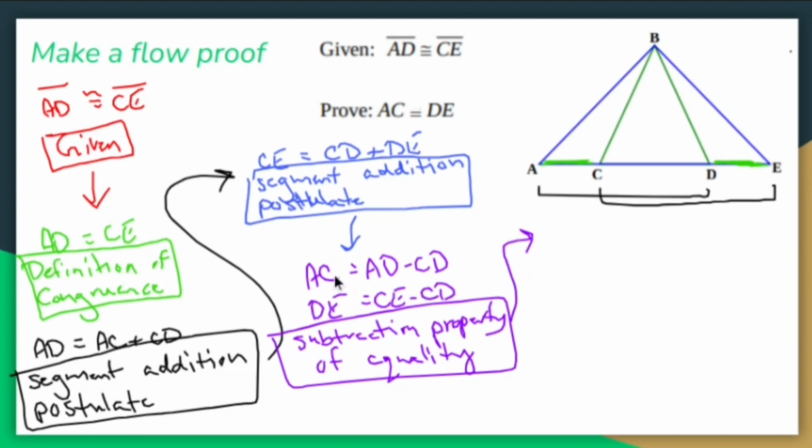All right. So I need to get AC equal to DE. AC is AD minus CD. DE is CE minus CD. Oh, that's a shame. If only these guys were the same, then I could say that these were the same. Oh, wait a minute. AD and CE are the same. So if I take DE, for example, and I replace CE with AD, I now have AD minus CD.